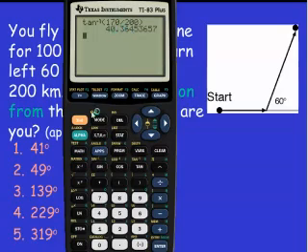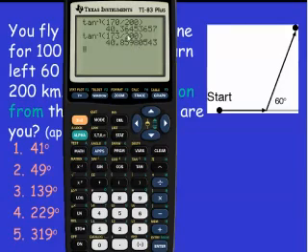40.36. If you use the unrounded value, which is, let's see if I can duplicate that. The unrounded value is 173. Then you get 40.86.